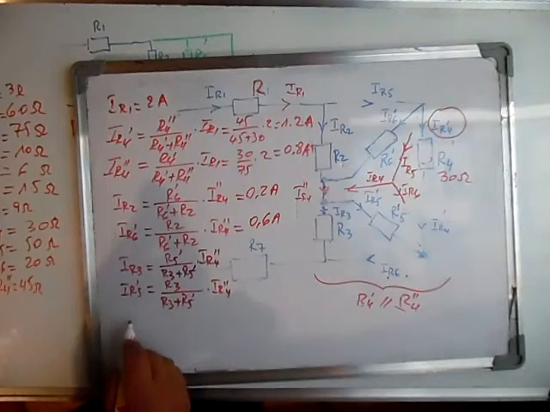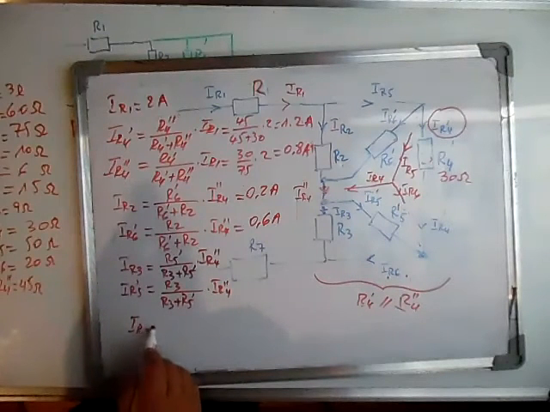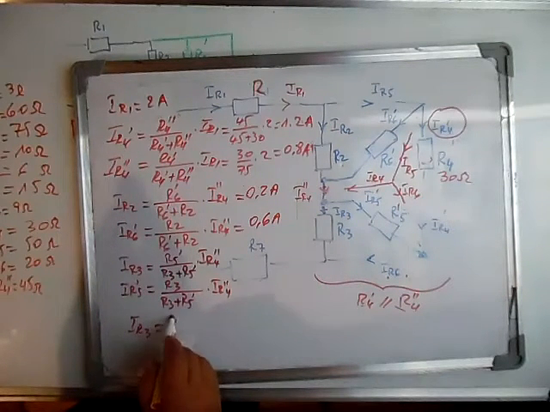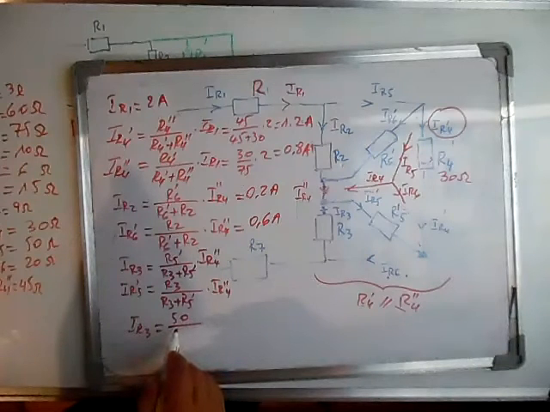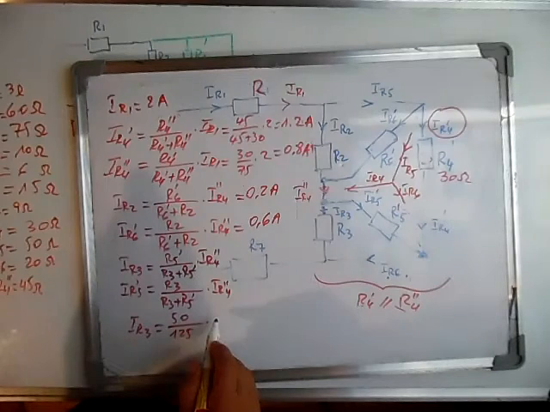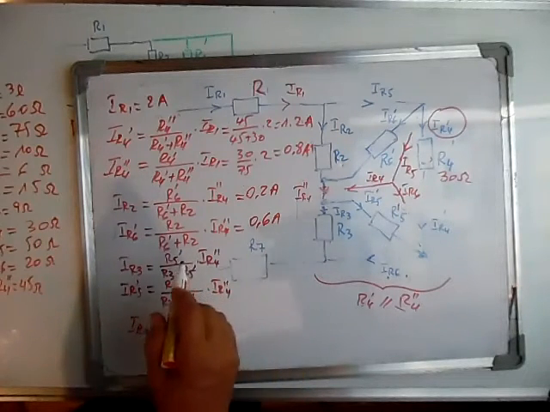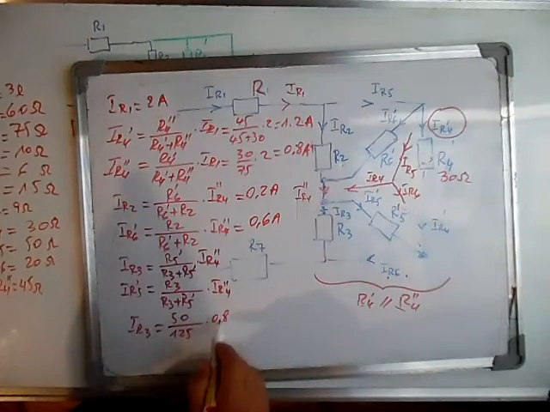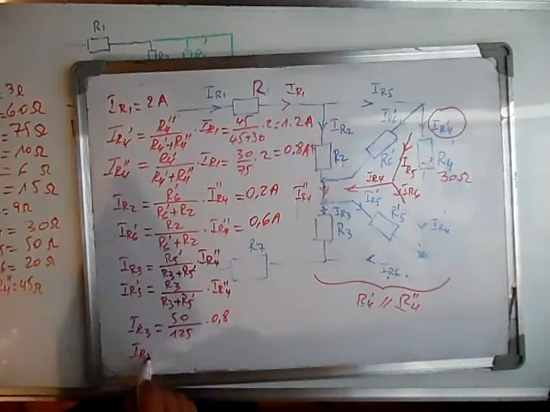And now we calculate IR3. 50 over 125 times 0.8 is IR5 prime.